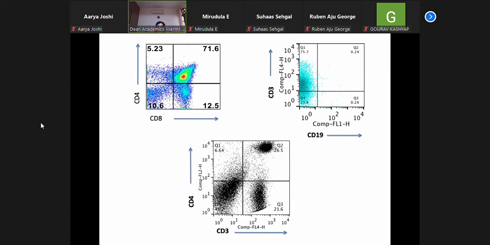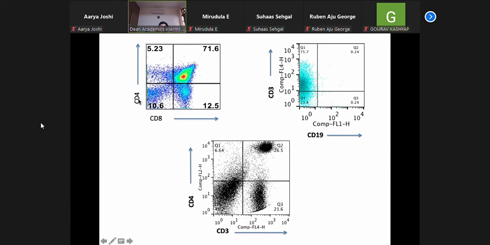Now, how do you interpret these FACS plots? So, for example, it's written CD4 and CD8. CD4 is written on the y-axis and CD8 is written on the x-axis in the first FACS plot, right? So this is not as such the molecule CD8 or CD4. You are using an antibody which recognizes these molecules.